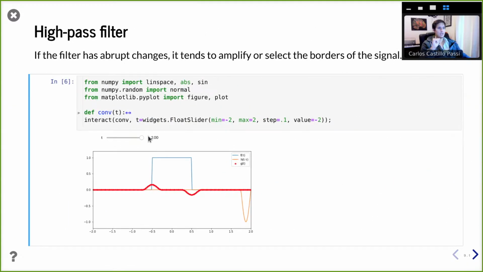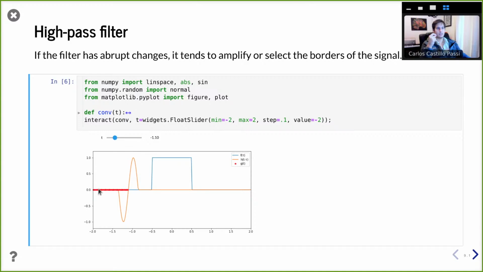If instead of that we use a kernel with an abrupt change, basically what it will do is to have this right part subtracted from the left part. That is basically taking the derivative or the difference.